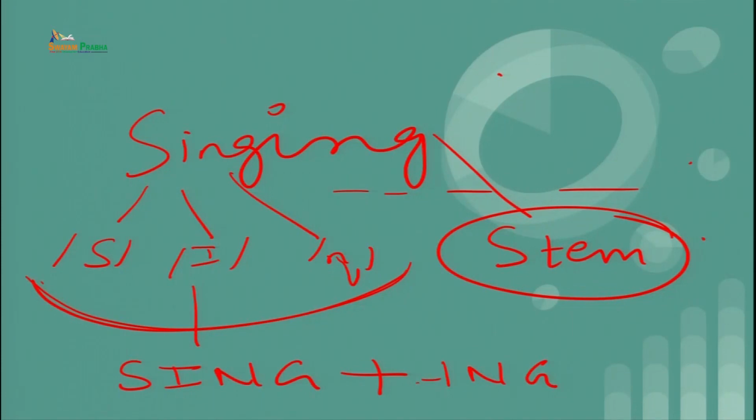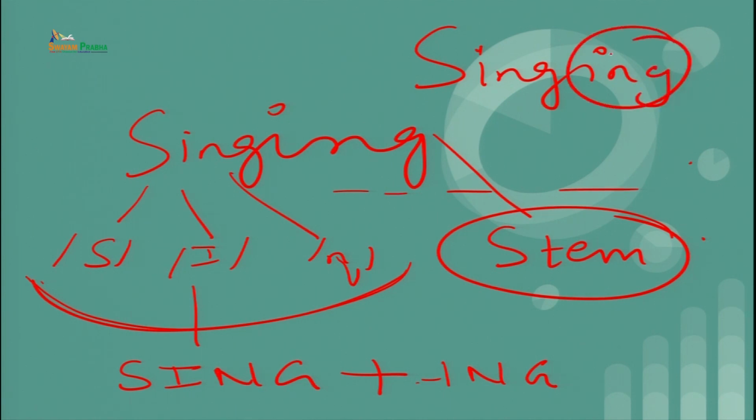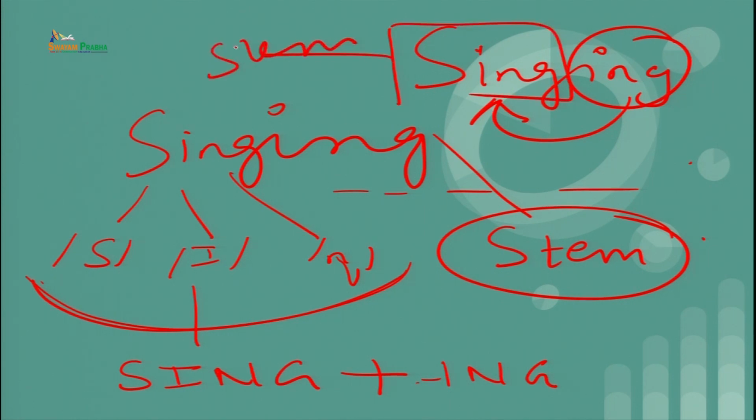So, basically I can say that affix can be added to stem. If I look at this word again, I would say that in the word singing, you have added a suffix to the morpheme sing. So, here sing would appear as stem and ing would appear as suffix.